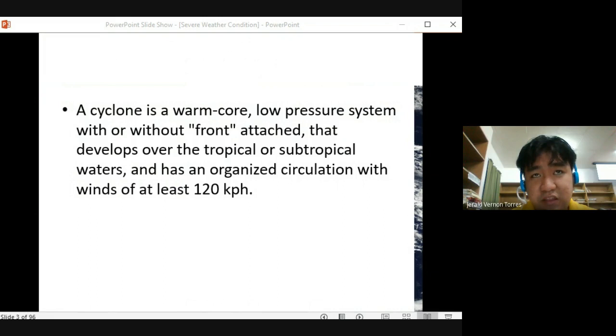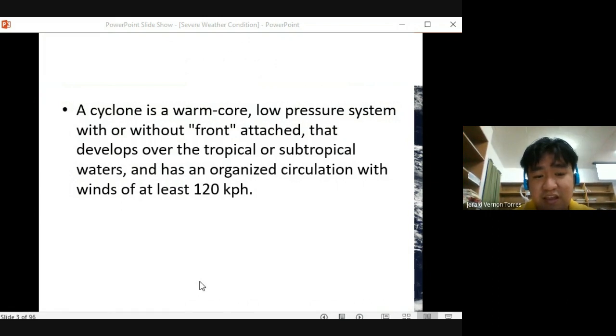So yan yung general definition ng typhoon natin. So let us dissect that one by one. Do not worry. You will see that in detail later on. So bigyan ko muna kayong general definition. Technically, pag sinasabi yung typhoon, hurricane, or cyclone, it's just a low pressure area.